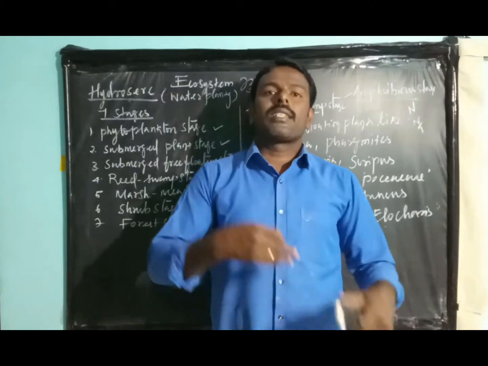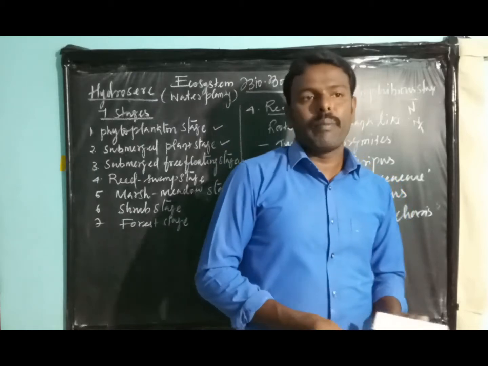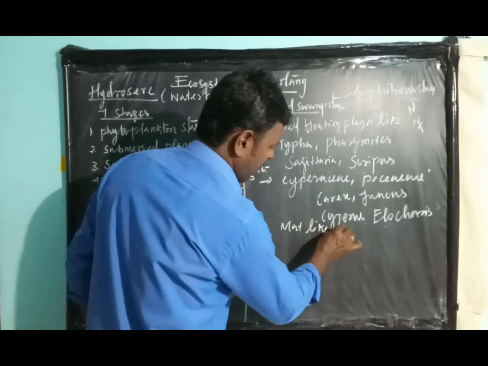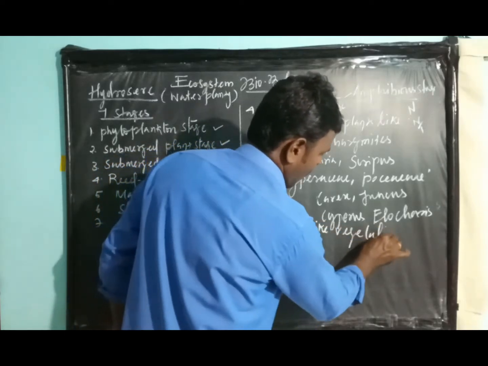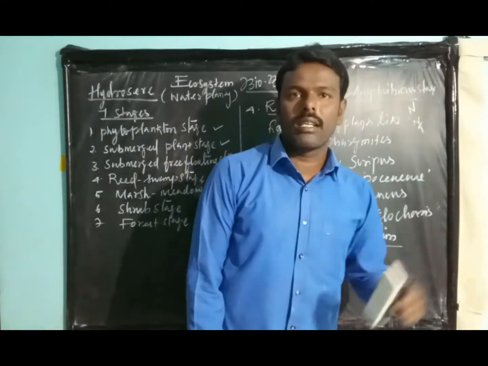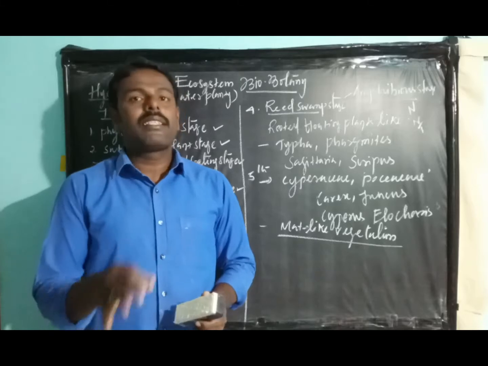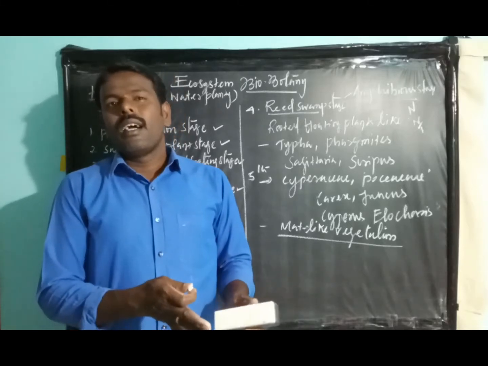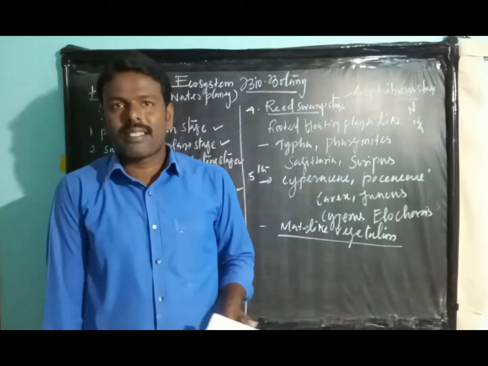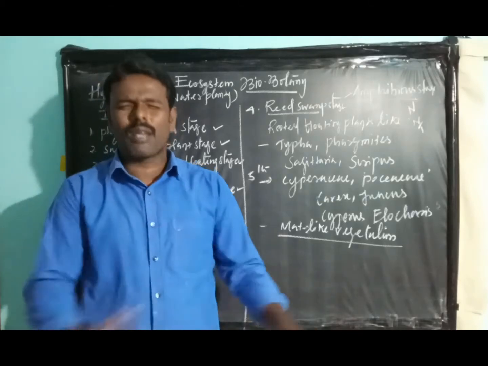Again, these plants attain maturity and complete their life cycle. They form mat-like vegetation. What is meant by mat-like? When you see a lake or a dam in the dry season, the outer surface is completely covered with some kinds of plants, especially amphibious plants, that bind the soil.